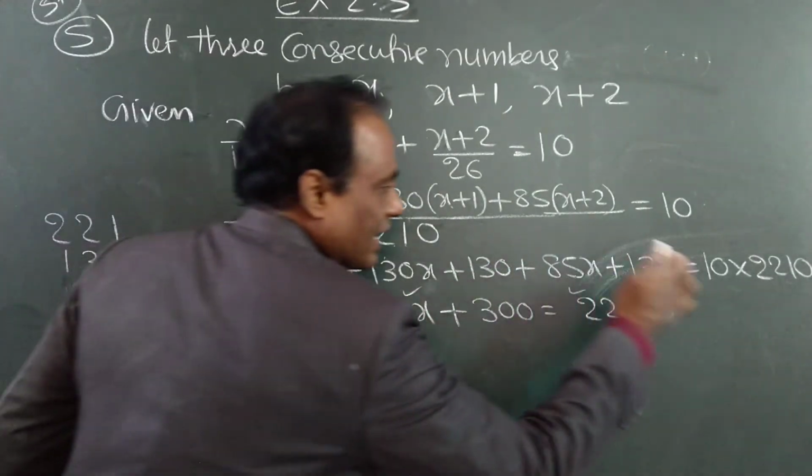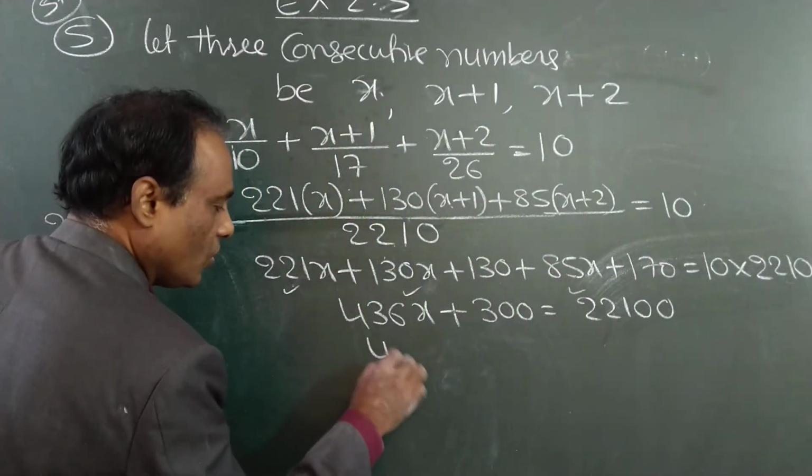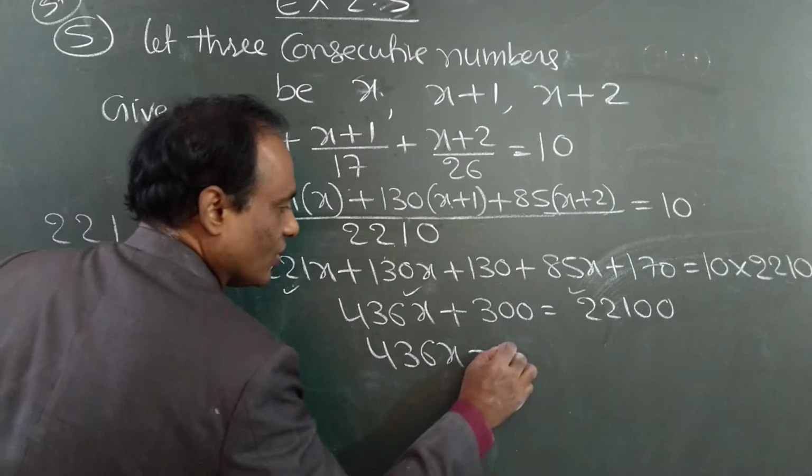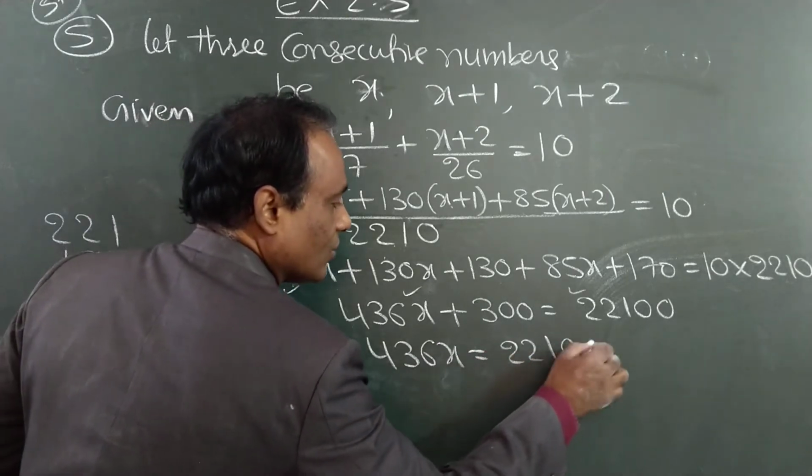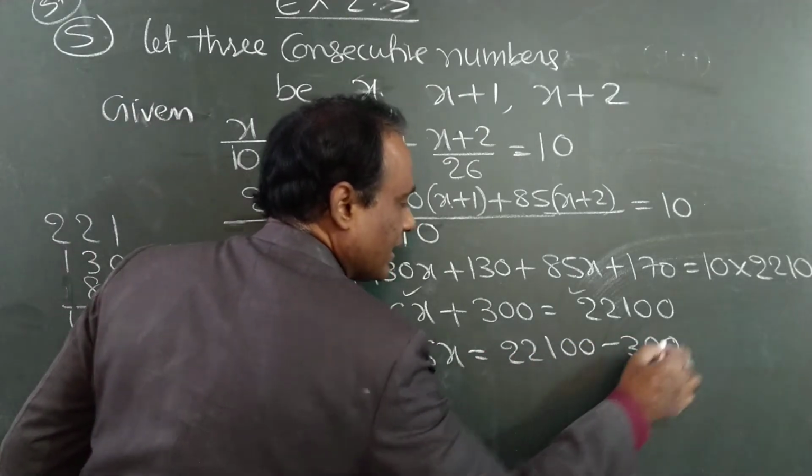Take plus 300 to the right side. 436x is equal to 22100 minus 300.